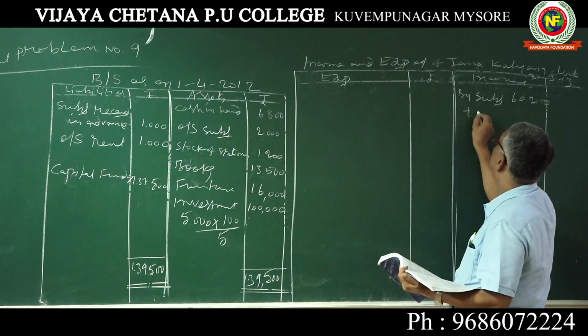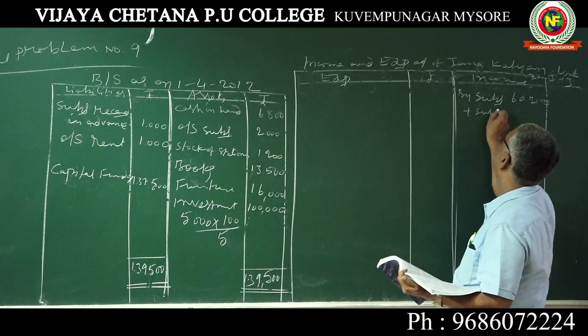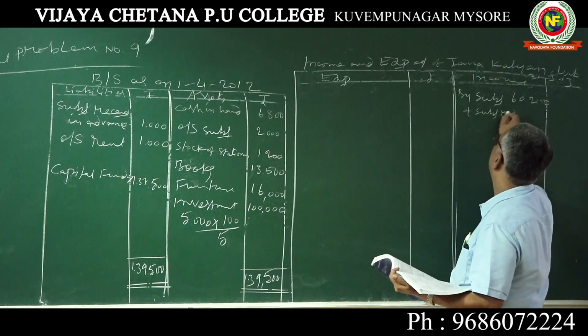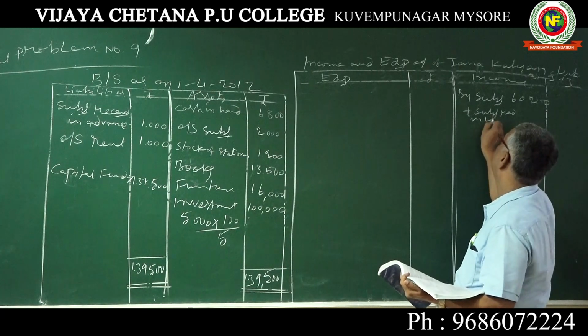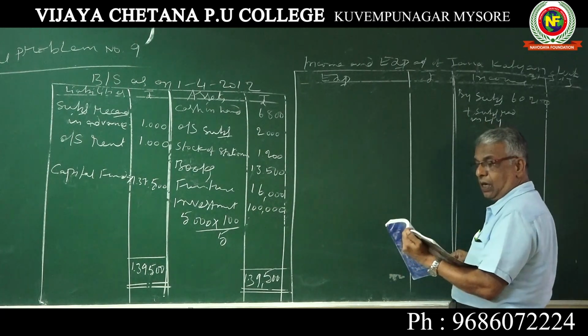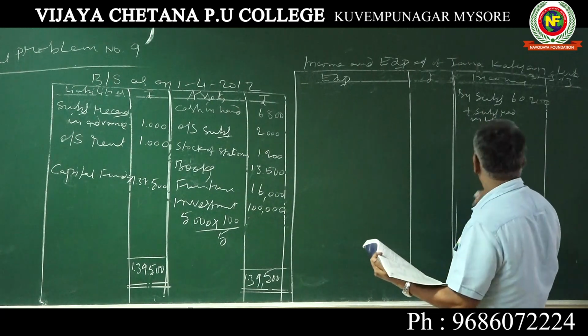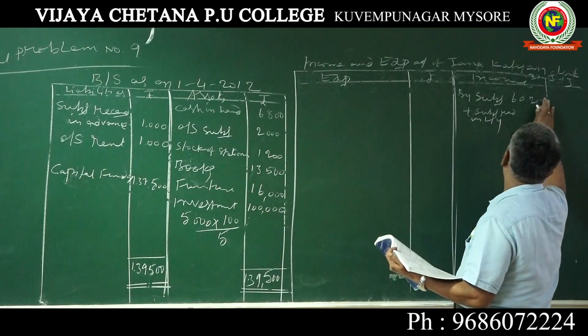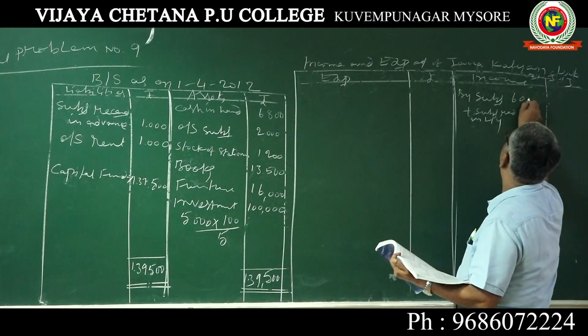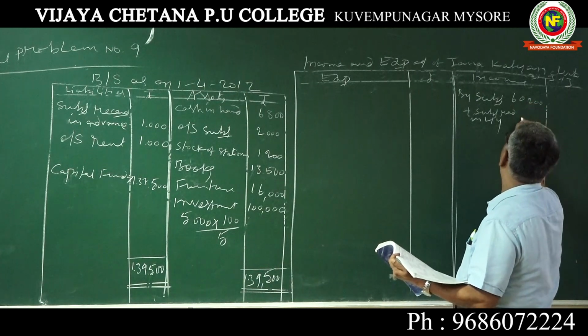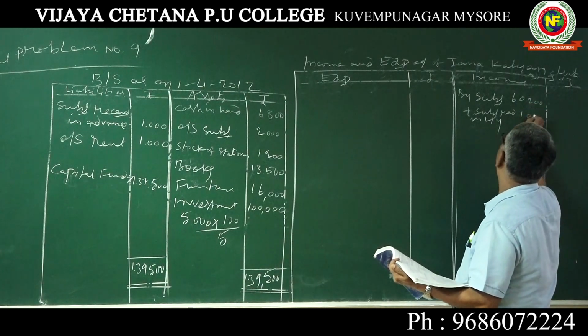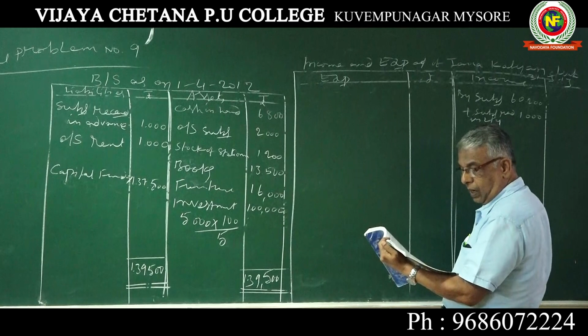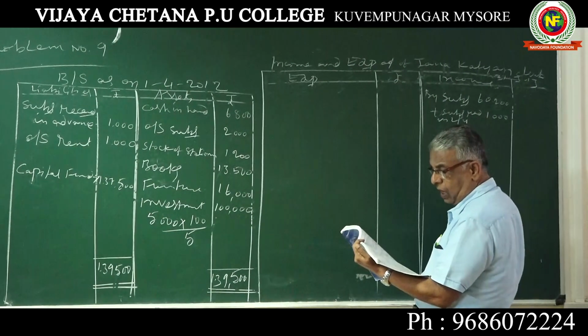So we have to add subscriptions received in last year for the current year, 1,000 rupees. And then subscription received in advance.